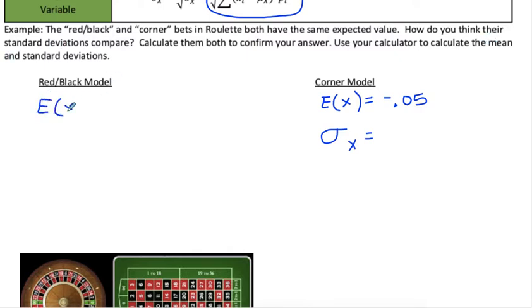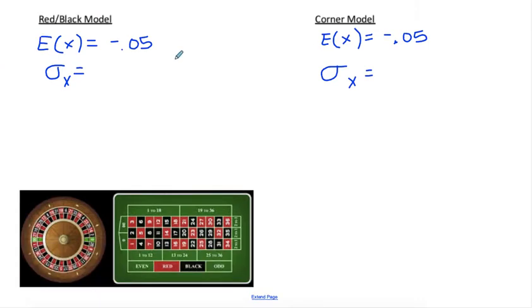All right, so we have been told that these have the same expected value, and we're thinking, okay, what about their standard deviations? This red-black model, if you look at our roulette table, there's an even number of red and black, and then there's 2 greens here.